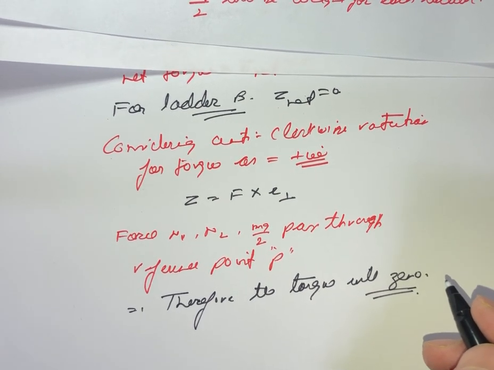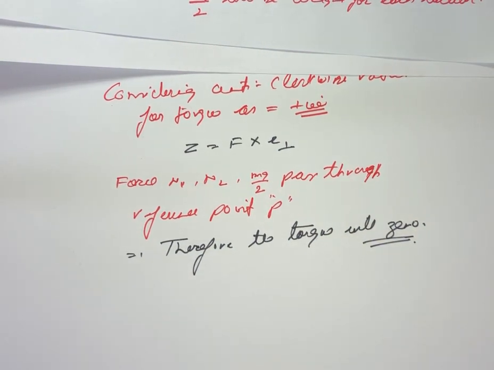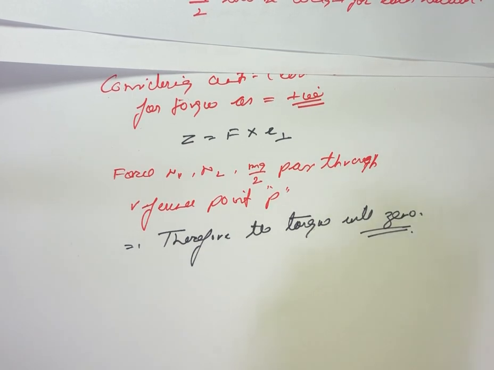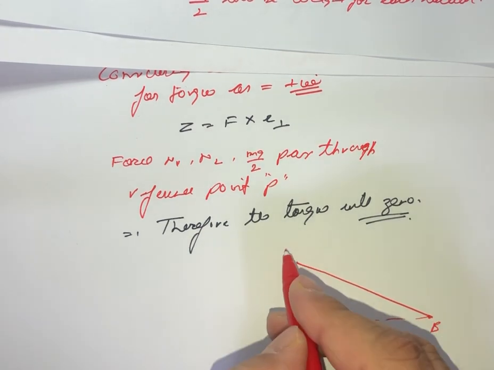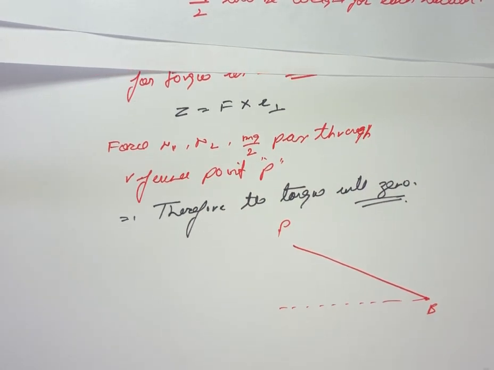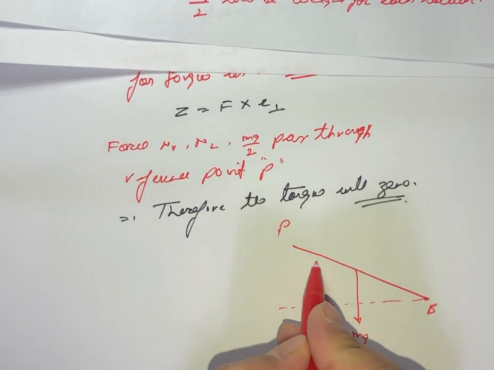Now let us draw all the relative perpendicular distances and solve it. So this is our rod B. B is point P, and this mg will be in diagonal direction, and the total length is given as L, so this distance will be L/2.